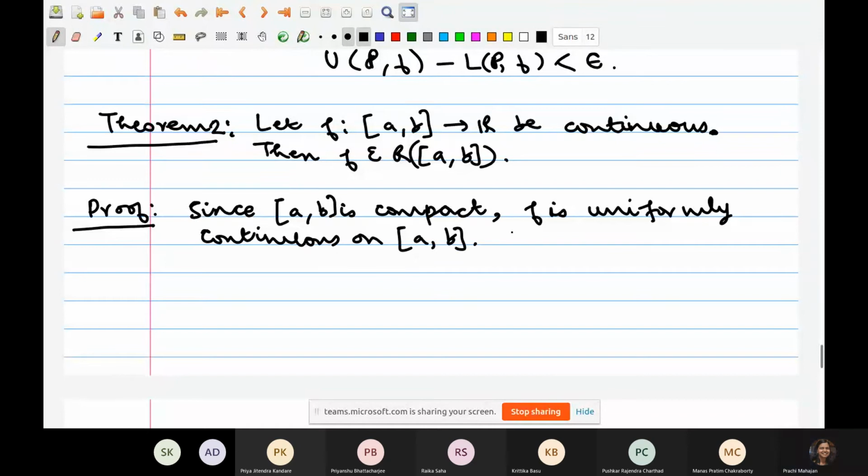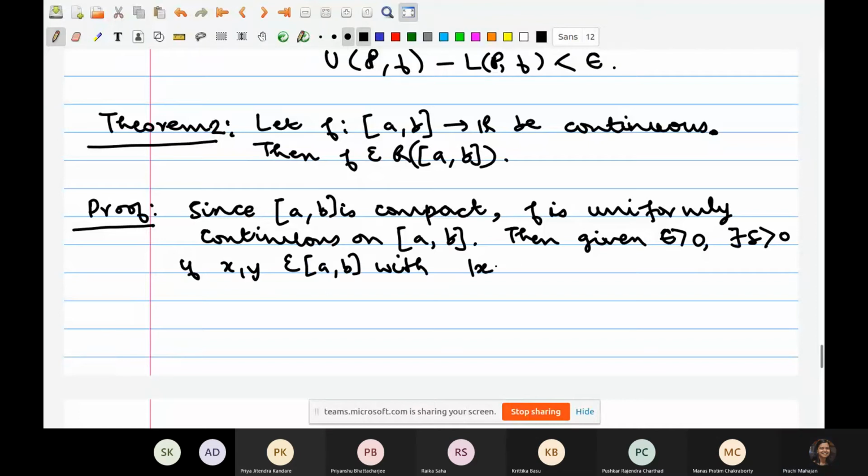Which means that given any positive epsilon, there would be a delta that will work simultaneously for all the points of the interval AB, which means that there is a delta such that if x and y are in the interval AB with distance at most delta apart, then their images are at most distance epsilon apart. Right? Is that okay?